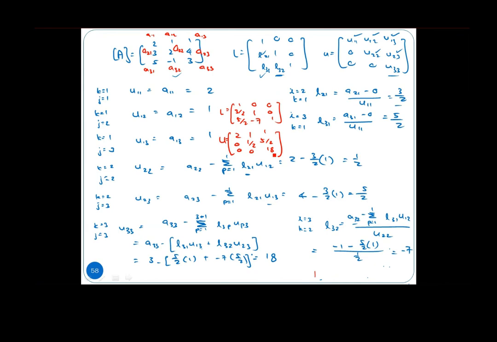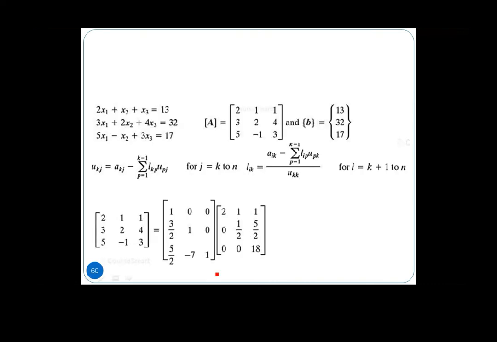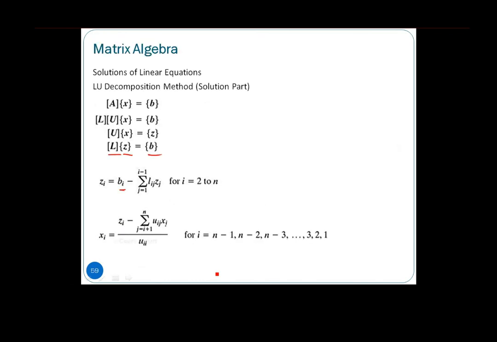Then once we have decomposed it, based on these particular forms, we have the L, we have the B, right? You see this LZ equals B. So if we want to find Z, we only need the B matrix and also the lower triangular matrix L that we have obtained.